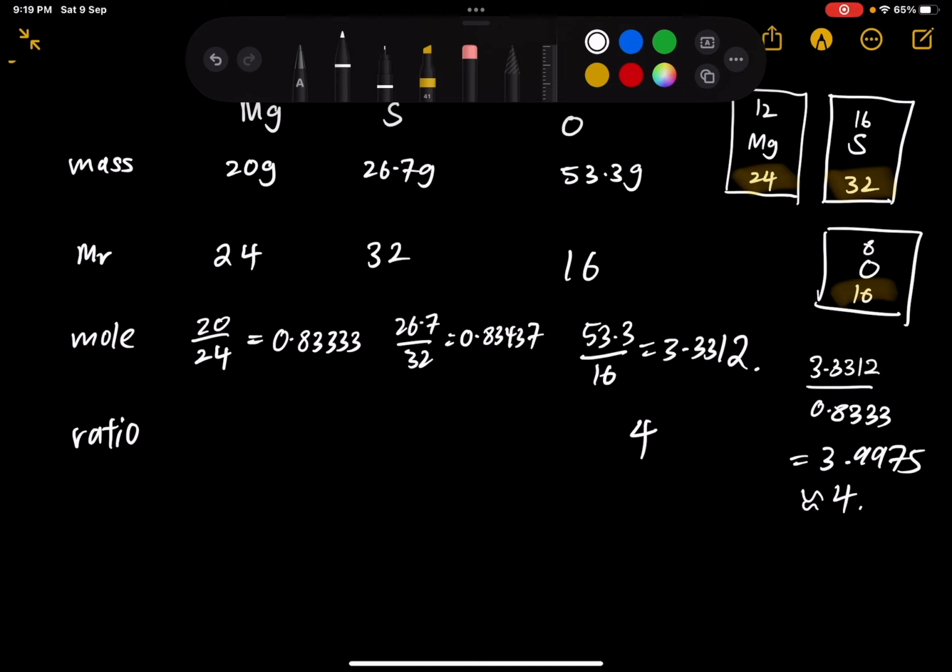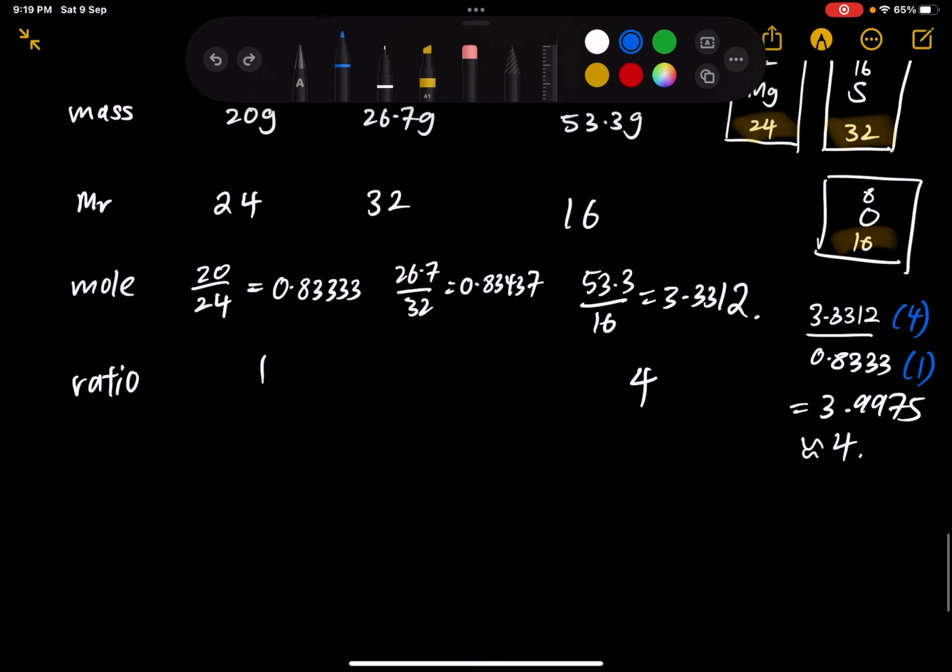If this is 4, this is 1. 4 is to 1, so this will be 4, this will be 1. How about this one? Same thing, I do the same thing. I'll take 0.83437 over 0.8333.